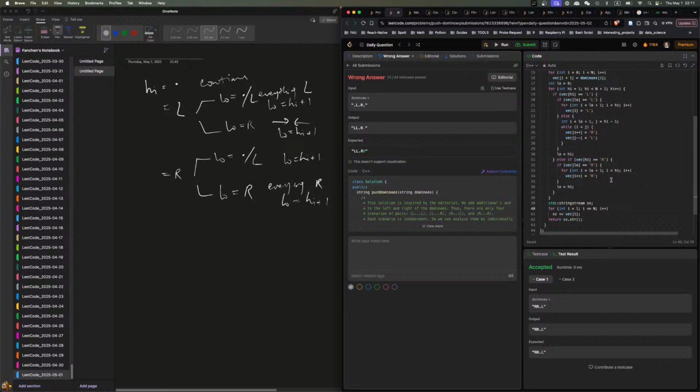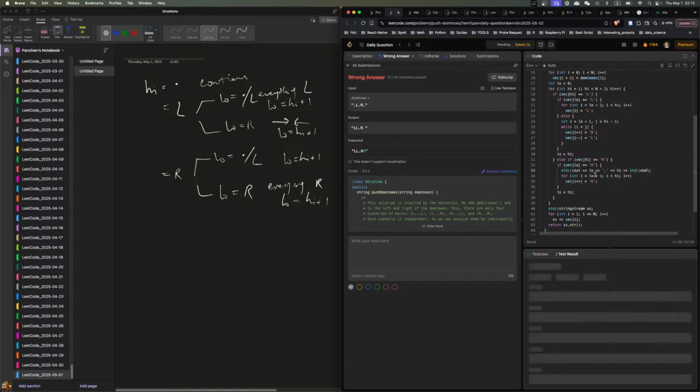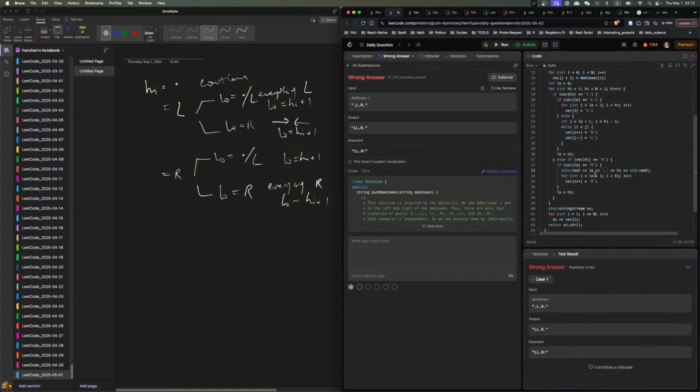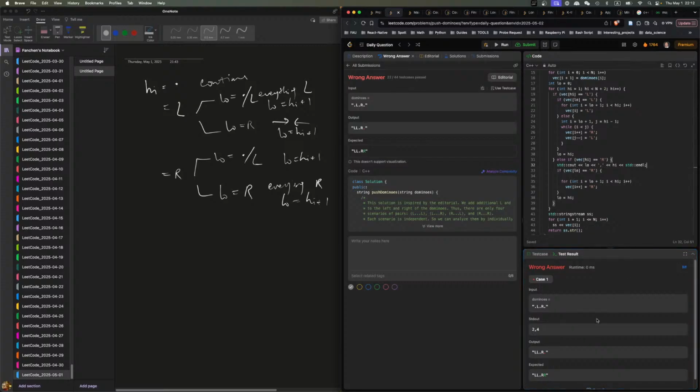And low shall be... Zero, 1, 2, 3. High is 4.